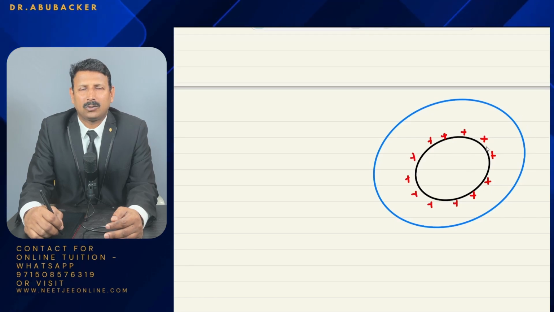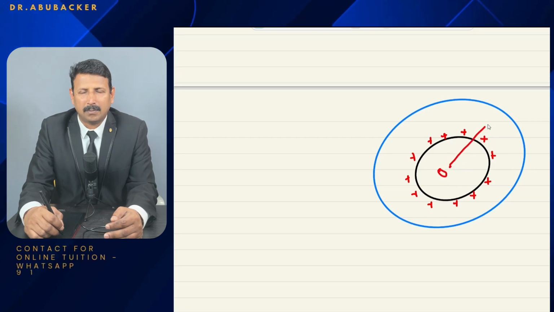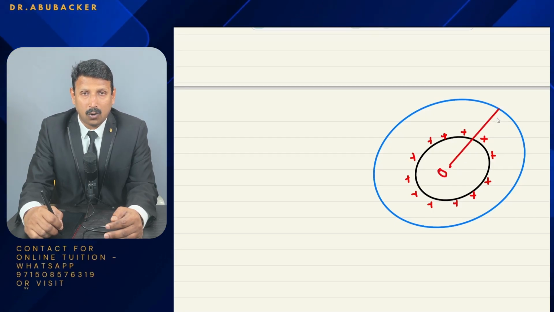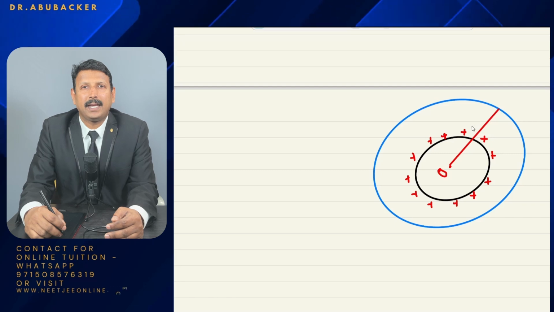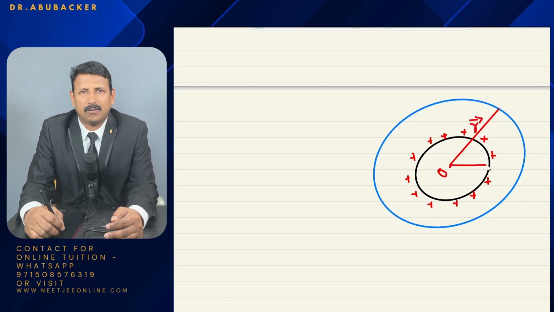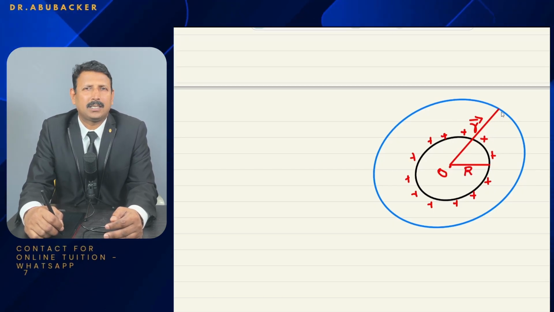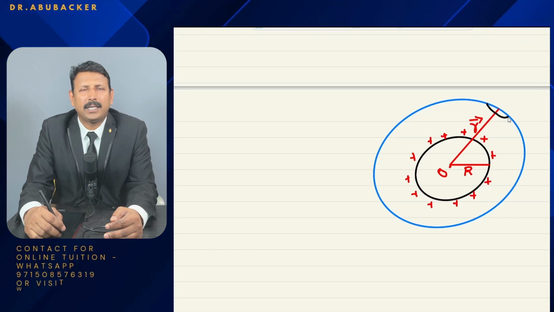This is the actual shell where I marked in red color positive plus Q charge, and the center of the shell is marked as O, and the point P is at a distance small r from the center, that I am marking first. The radius of the actual shell I am marking here, that is capital R. Now at the point P, like the proof of Gauss's theorem, you remember, do the same task.